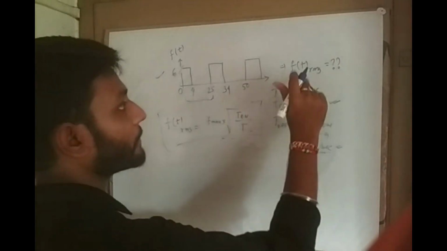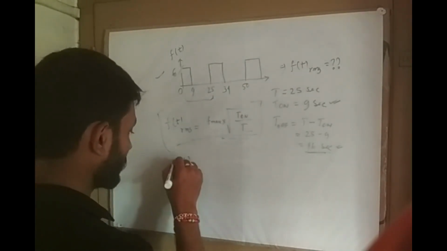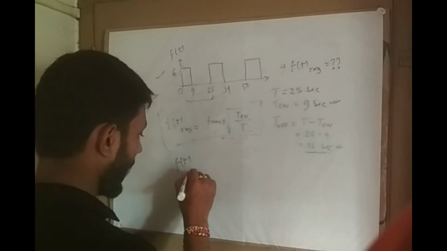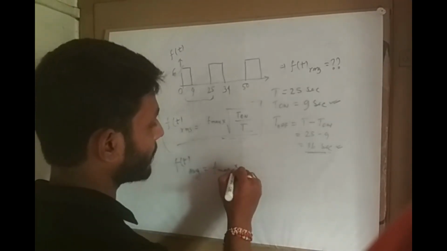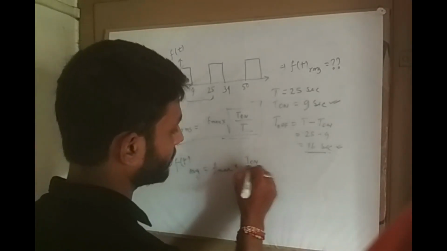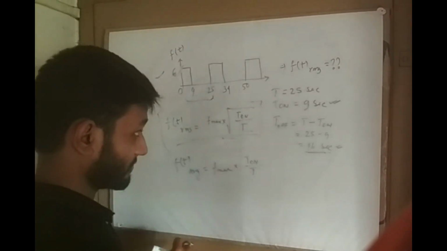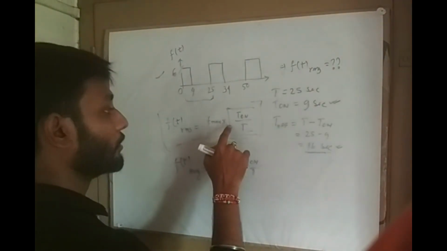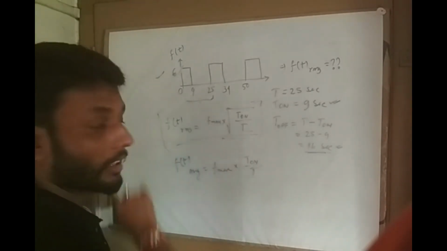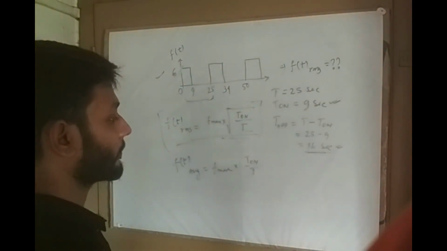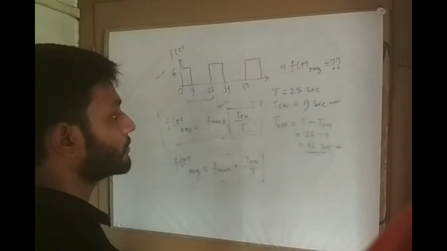For that, the shortcut for f of t average will be Vmax multiplied by T on divided by T. Just remove this root. If you remove this root, you will find the average value for this type of signal. This one is the average value shortcut and this one is the RMS value.